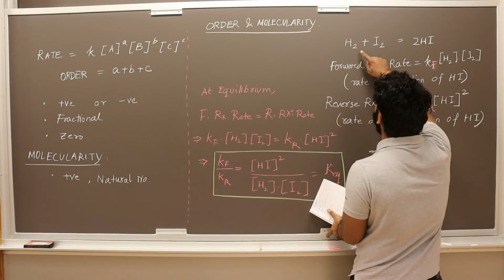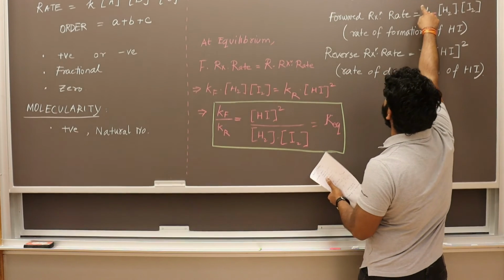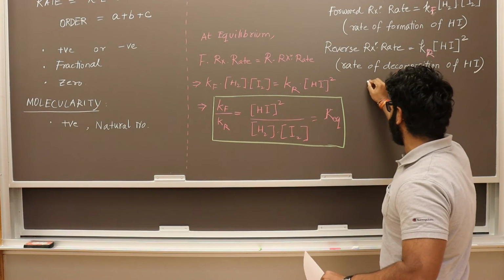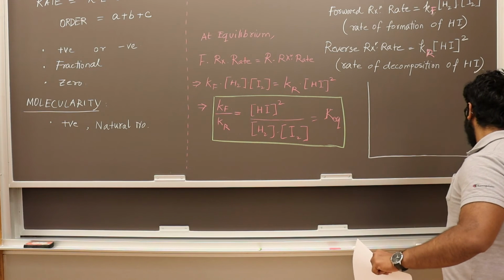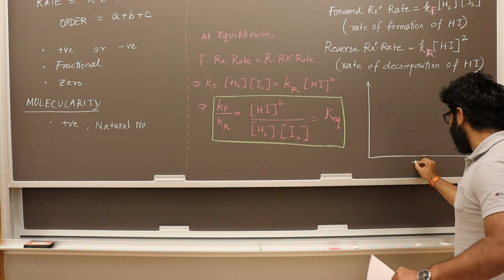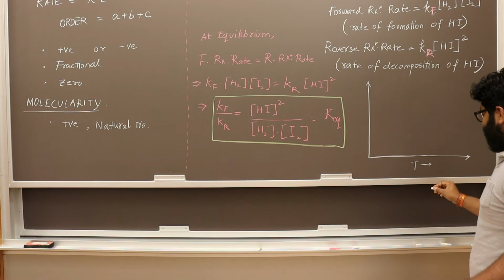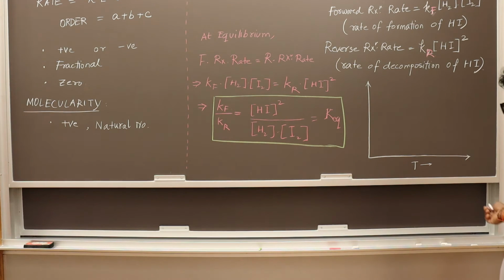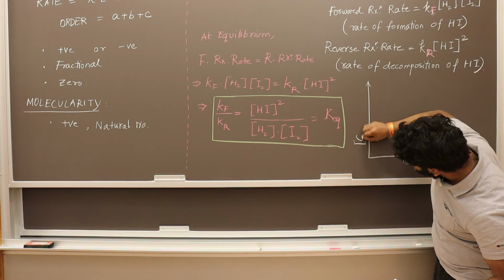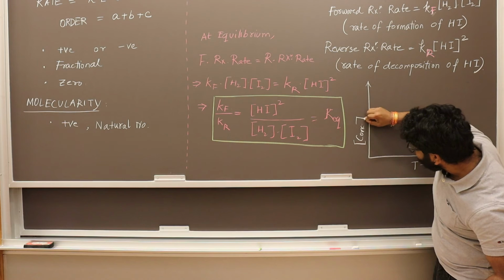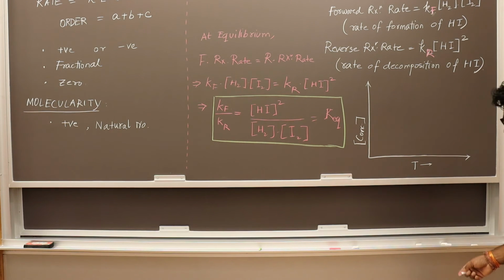You can start with H2 and I2, or you can start with HI, and you'll get the same result. So it is sometimes represented in a way that looks like this. If this is time, or the extent of the reaction, and this is say the concentration of the individual species.